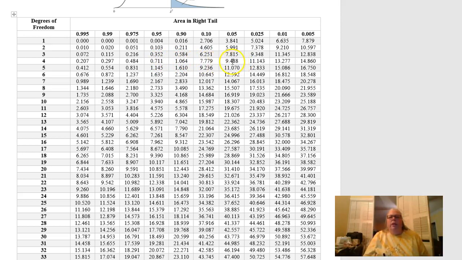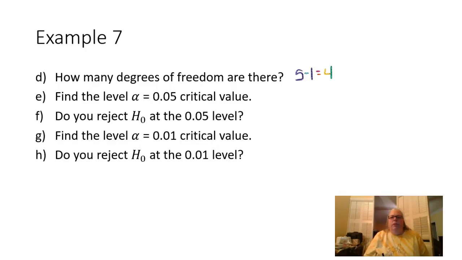That's right here. It looks like our number is 9.488. And we want to know if we're going to reject the null hypothesis at the 0.05 level.